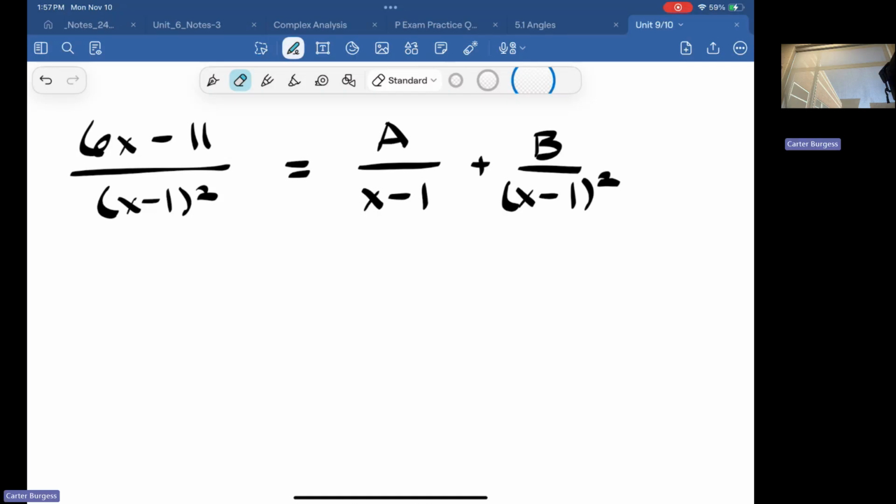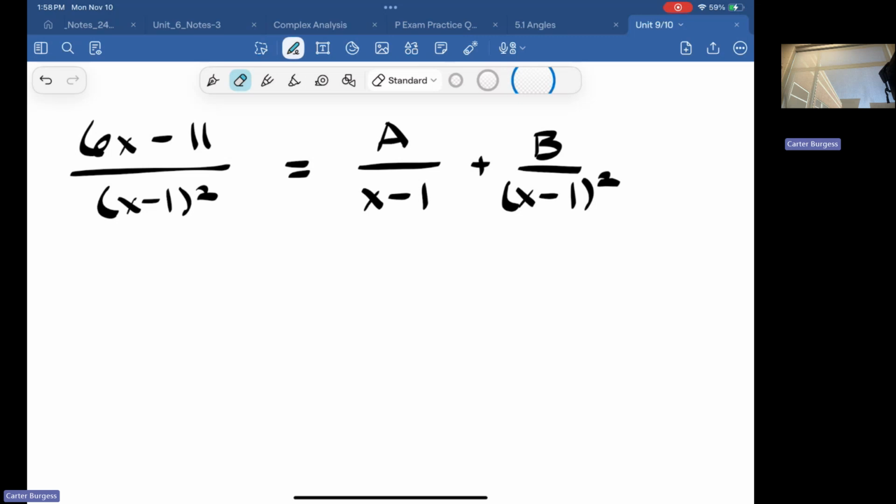So what do we have to do to that? Multiply this by. There's a faster one.